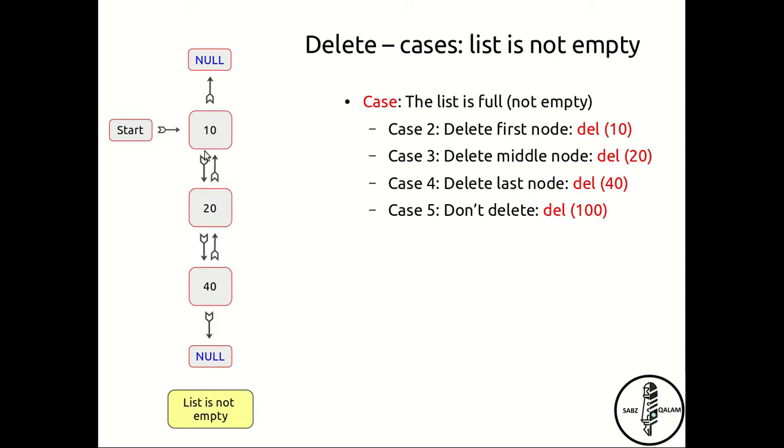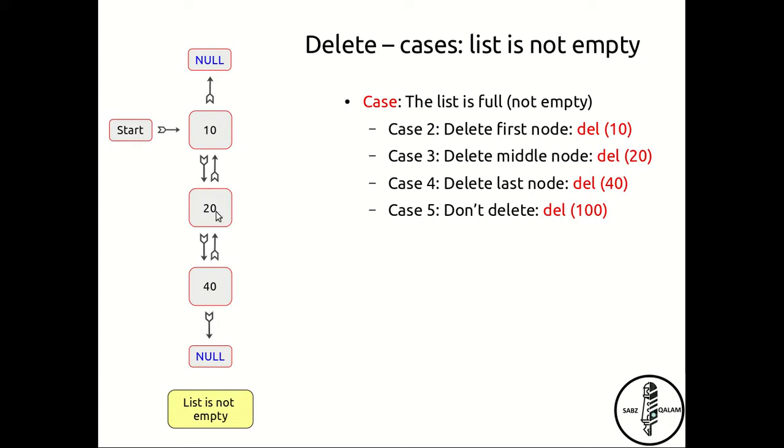Either you can try to delete the first node, in which case you're trying to delete 10, or you can delete a middle node, in which case, in this example, it's 20. Now, a middle node doesn't have to be really in the middle of a double linked list. It could be present anywhere. A middle node is defined as a node which has a node previous to it and a node next to it.